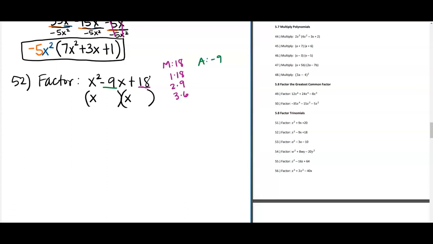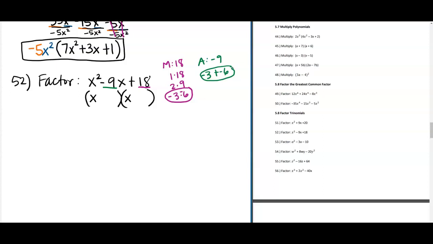Now I'm trying to think, how could I add or subtract these numbers so that I end up with a negative 9? Well, I'd have to have my 3 and my 6 both be negative. So negative 3 times negative 6 gives me a positive 18, and negative 3 plus negative 6 gives you that negative 9.